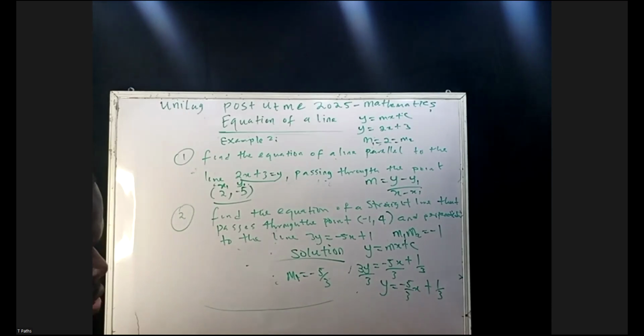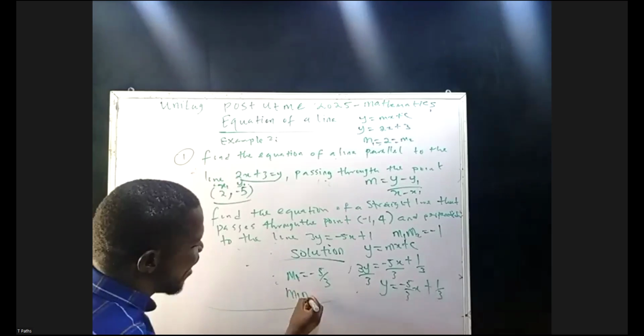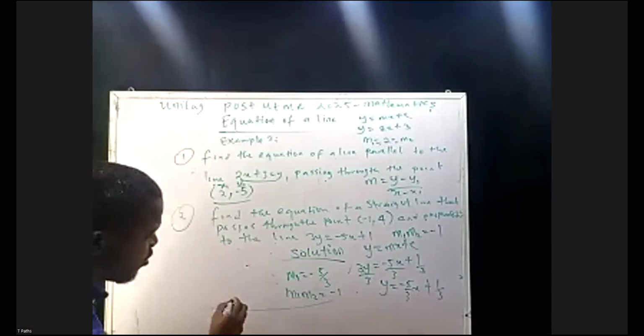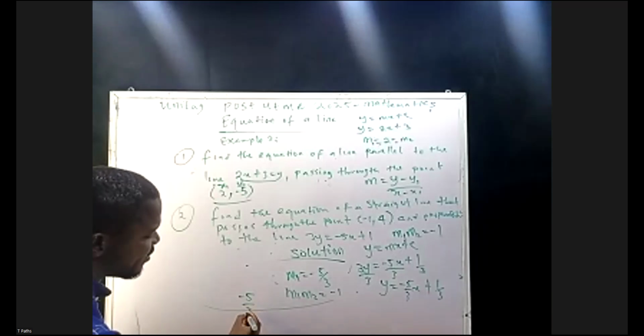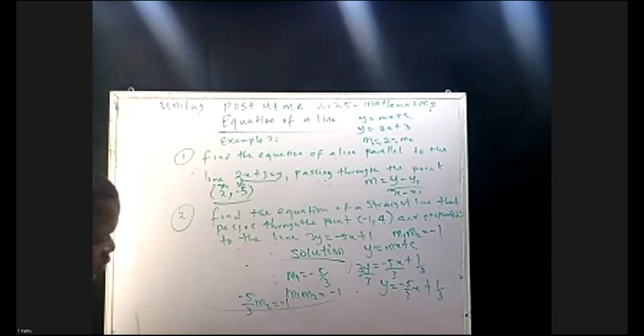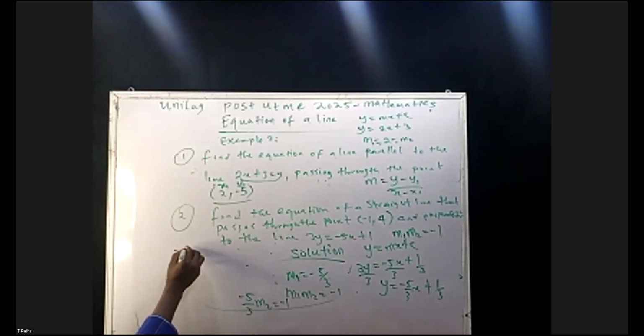So m2, you know that m1 times m2 is equal to minus 1. m1 is minus 5 over 3. You want to get m2. So minus 5 over 3 times m2 is equal to minus 1. So let me write it.